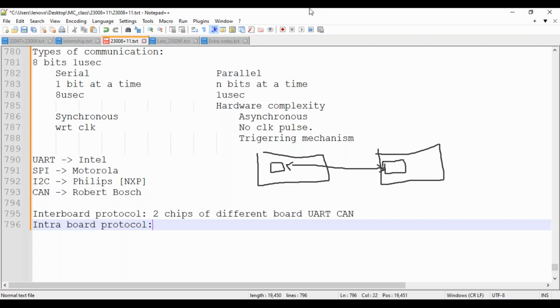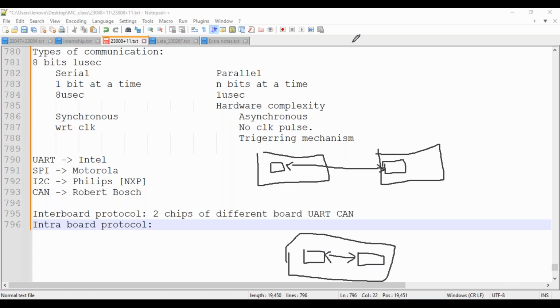The second one is intra-board protocol, where the communication is happening between two chips of the same board. There will be one board which has two different chips, and communication is happening between them. Then you have to choose an intra-board protocol.